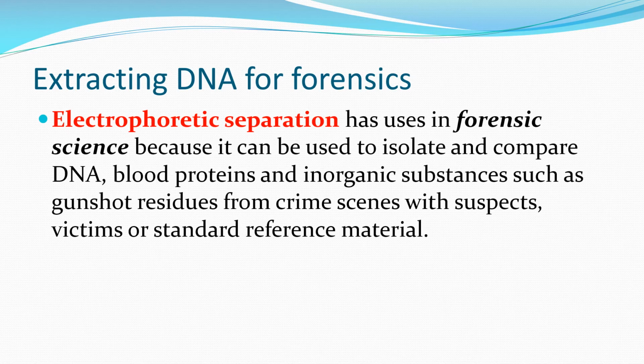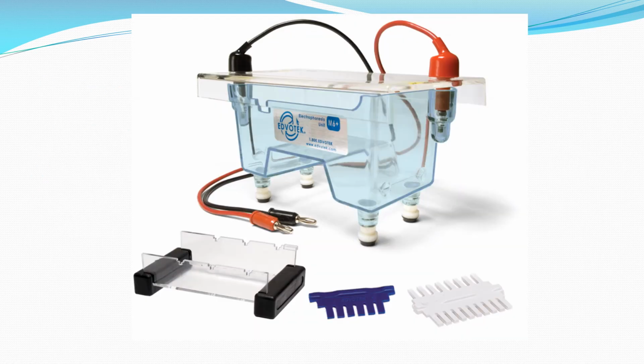It is used in forensic science because it can isolate and compare DNA, which we will do later on, and not necessarily in the whole dramatic sense, but you're going to see how electrophoresis can be used to compare DNA, blood proteins, and other inorganic substances related to the crime scene or suspects.